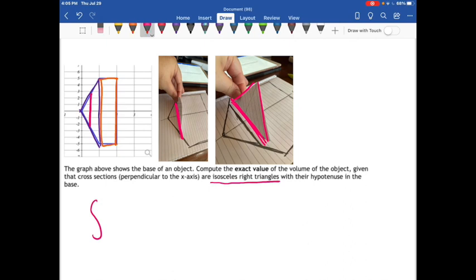The first interval is going to be from 0 to 1, and we've got to find the area of the cross section and integrate. Then we have to do the same thing from the interval 1 to 2 and write the area of that cross section. So actually I'll call this cross section 1 and cross section 2 so we don't get them confused.